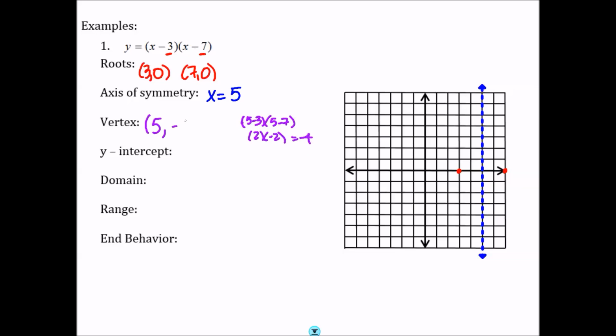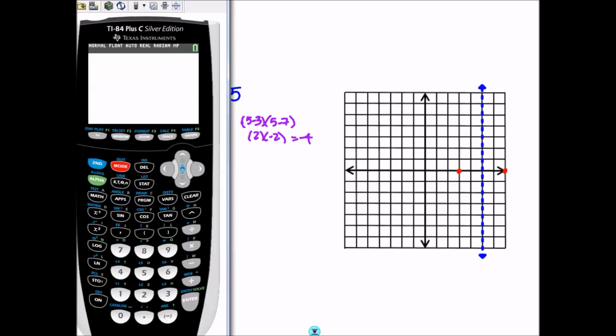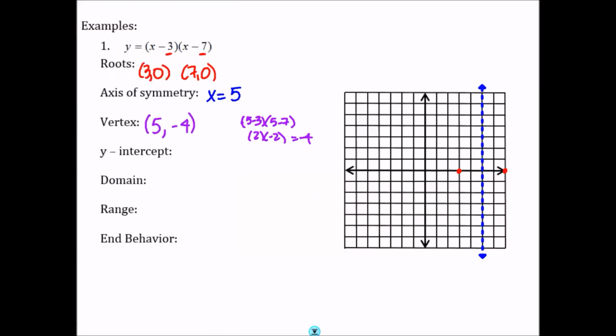Or you can use the store button on your calculator. Just a reminder of how to do that. Our axis of symmetry is 5, so we're going to store 5 for x. And then we type in our equation, (x minus 3) times (x minus 7). And we end up with negative 4. Either way is fine. Then we can go ahead and graph our vertex.